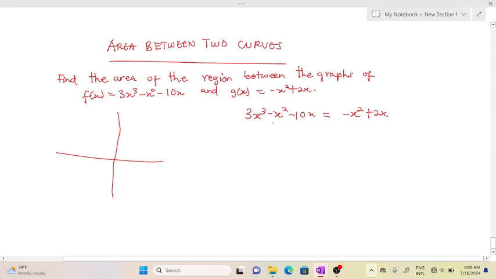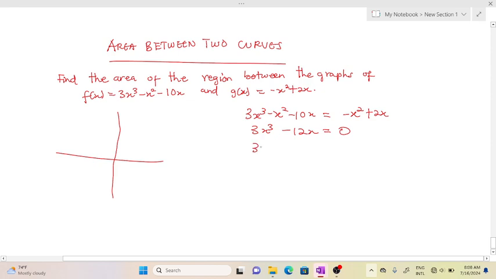Okay. So to solve this, you simply have 3x cubed, right? The x squared here will obviously cancel, it will just cancel to 0. Then I'll have my minus 10x here, that'll be minus 12x equal to 0. So at this point, what do I get?